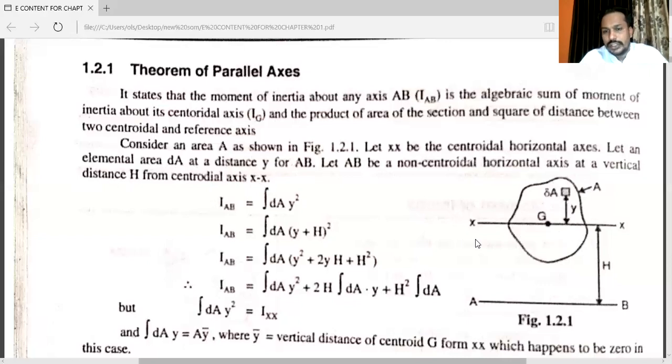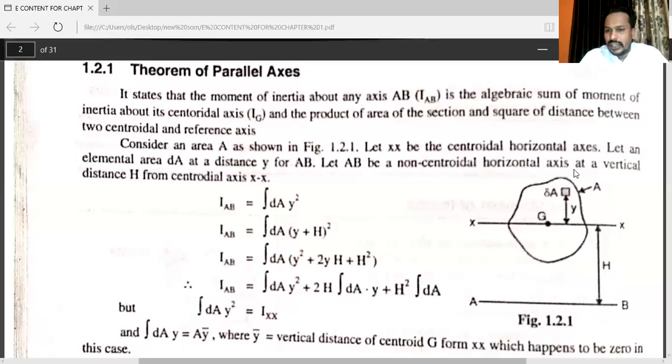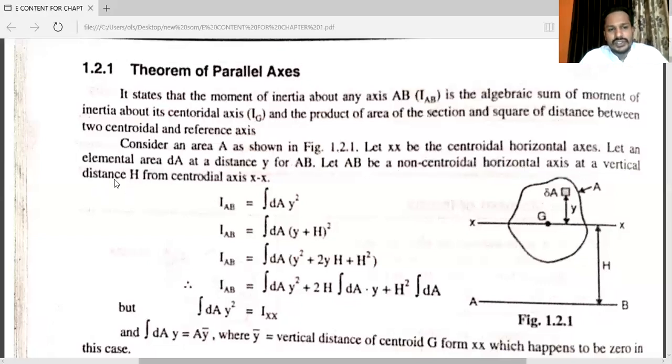This is the distance from the centroidal axis. But if you are considering from AB, the distance will be h plus y. AB is a non-centroidal horizontal axis at a vertical distance h from the centroidal axis XX. Here you can see in the diagram.